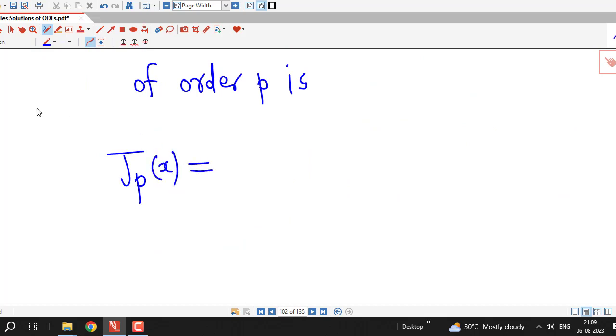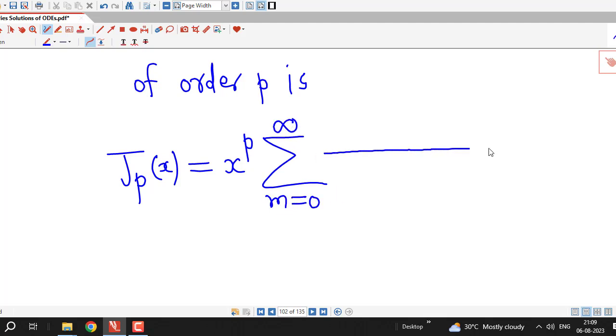We had used nu. In that formula we had written x raised to nu. Instead of nu I am writing small p. Sigma m equal to 0 to infinity, and here in the numerator minus 1 to the power m x to the power 2m. Here we have 2 to the power 2m plus nu.